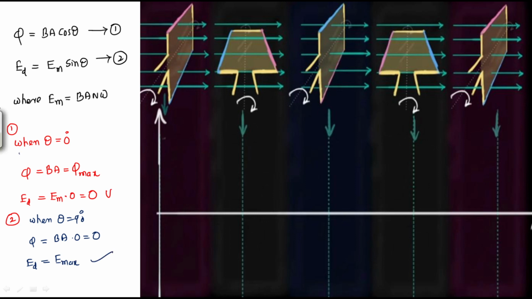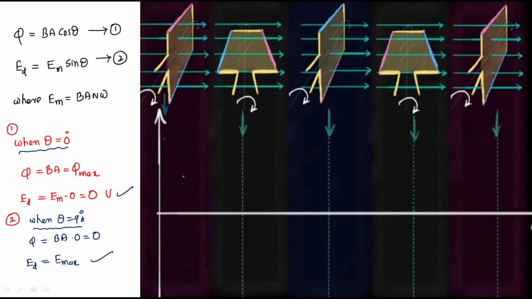So when theta equals 0, we have maximum flux, but at that instant we have 0 EMF. When theta equals 90 degrees, we have 0 flux, but we have maximum EMF. So how is it possible? When flux is maximum, we have 0 EMF, but when flux is 0, we have maximum EMF.